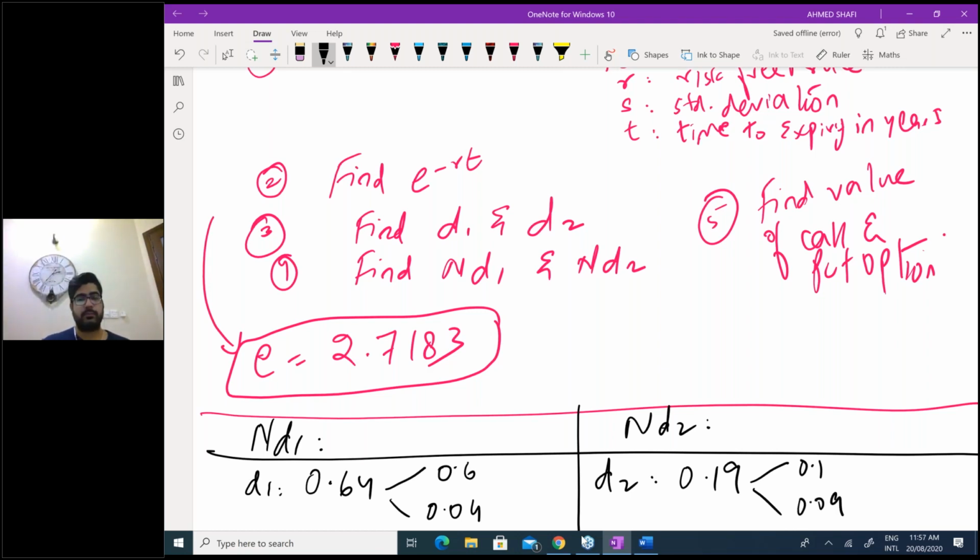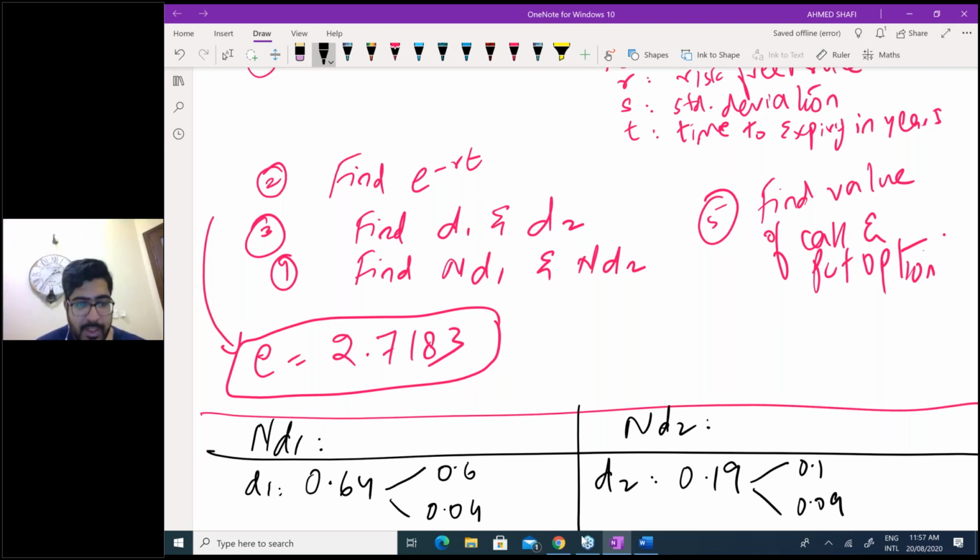How should I know that? The question came. Let's suppose D1 is 0.23. How will you break 0.23? 0.2 and 0.03. Let's suppose it's 0.71. How will you break? 0.7, 0.01. Let's suppose it's 0.65. How will you break? 0.6, single decimal, 0.05. Let's suppose it's 0.83. How will you break? 0.8, 0.03.